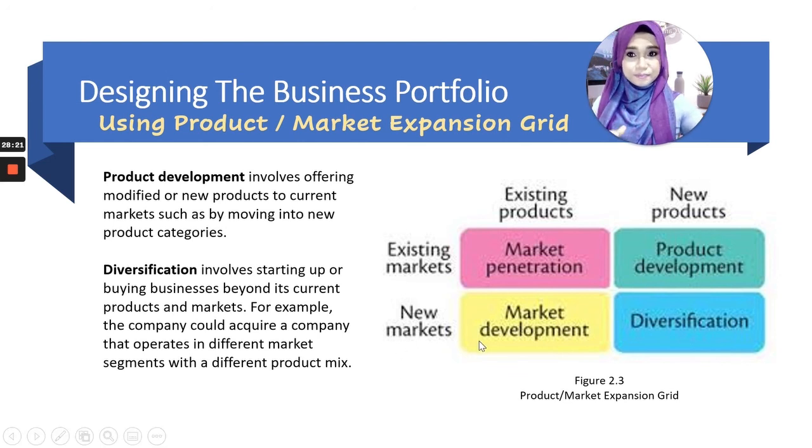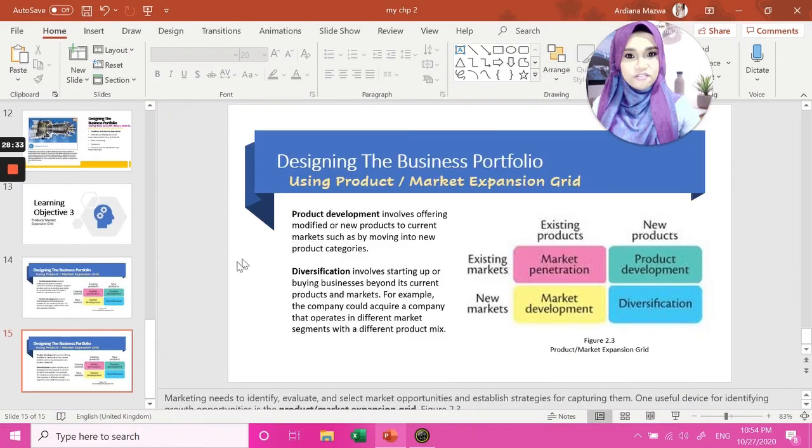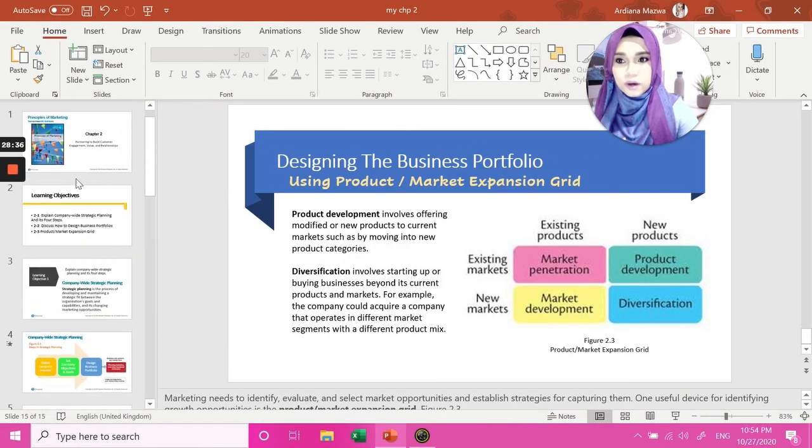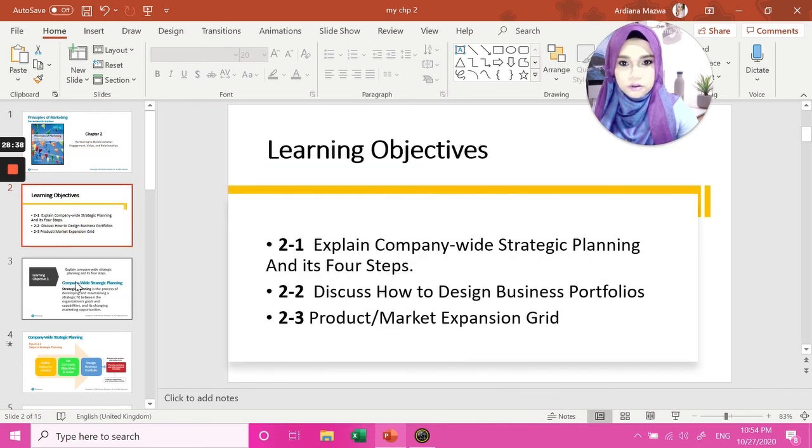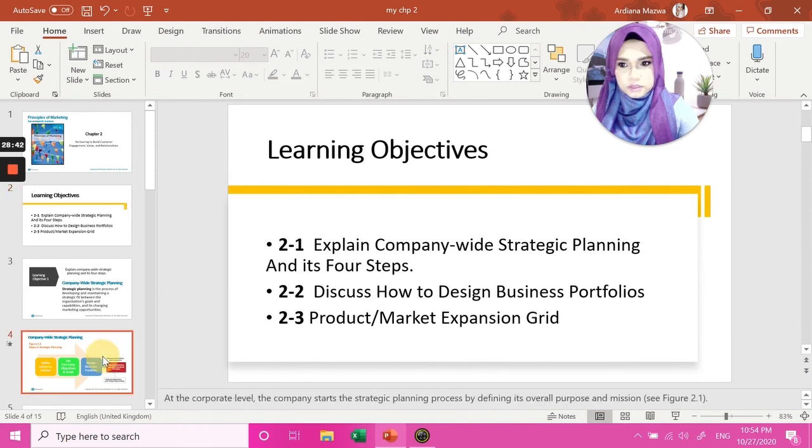So it is so easy with these two just now: how to design your business portfolio, the first one using the BCG matrix, and secondly using this product market expansion grid. Great. So we have finished chapter 2. I hope you are able to understand now and know the four steps in strategic planning.